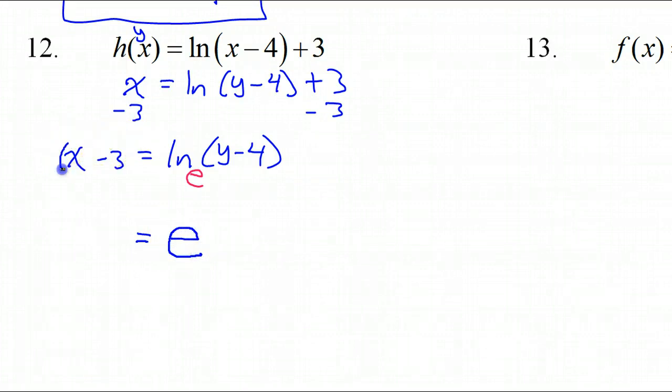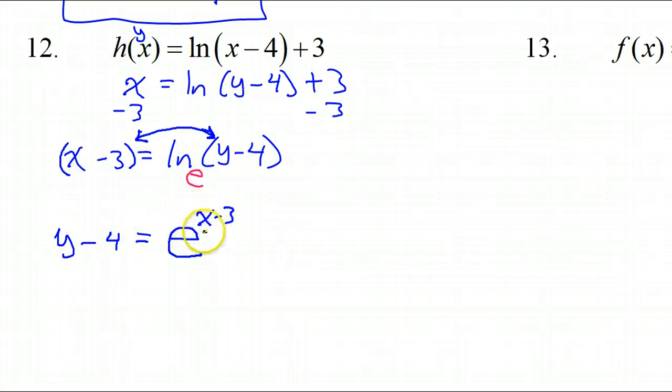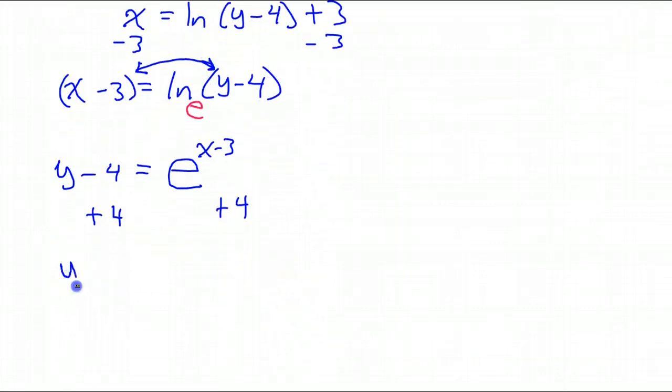Now the x minus 3 and the y minus 4 are going to trade sides. So I will have y minus 4 out here, and x minus 3 will become the exponent of exponent form. To get y by itself, you've got to take one more step, adding 4 to both sides. So you get what you get.